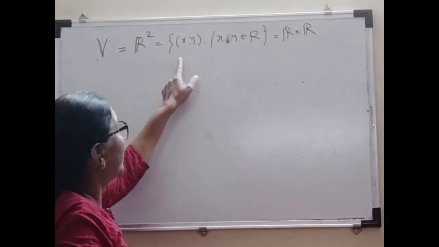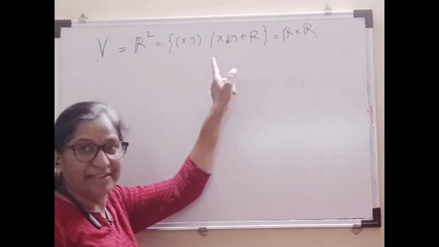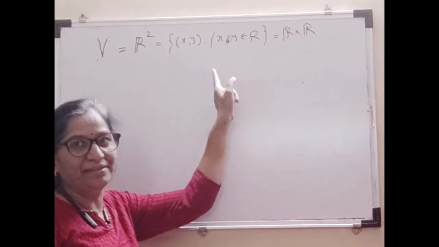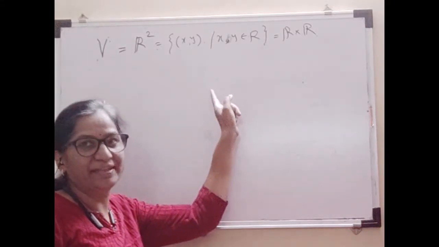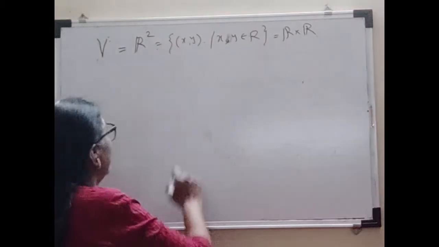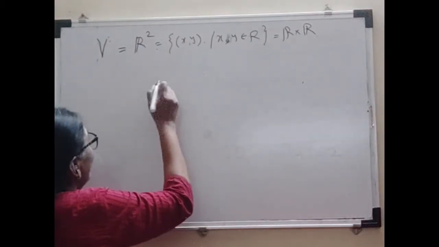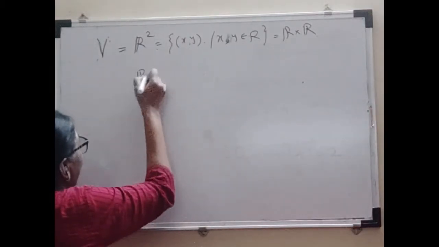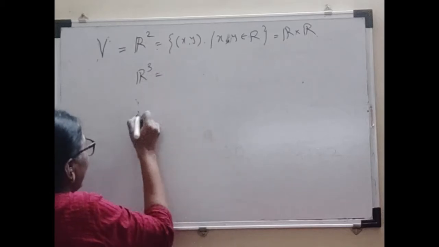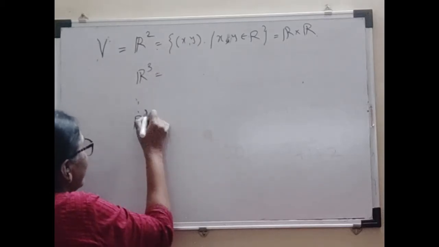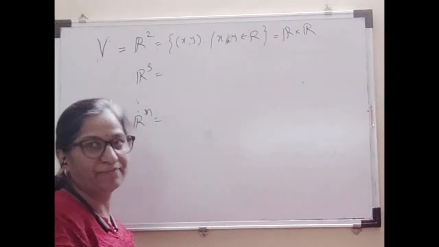It is a set of vectors having magnitude as a scalar, but we won't consider direction. One more example, R3 and in general Rn are all examples of sets of vectors.